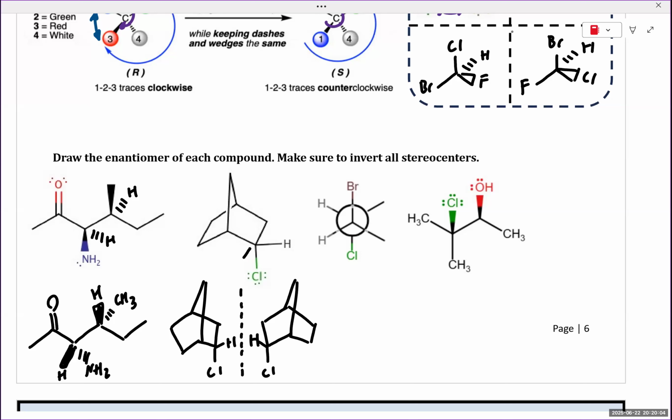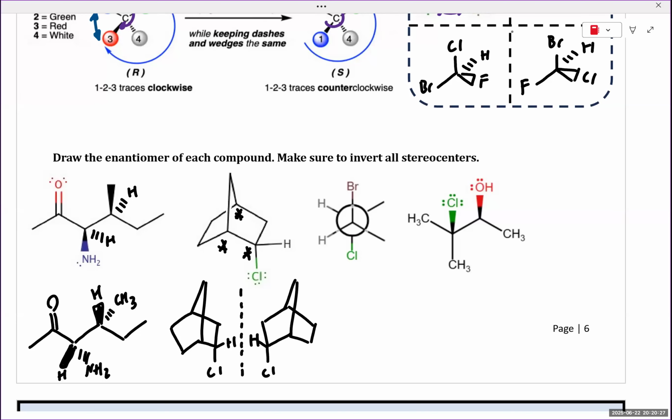The reason why I chose this method is this molecule has three chiral centers, three stereocenters. So you have to be really careful that you're drawing the mirror image and not drawing a random other stereoisomer instead.